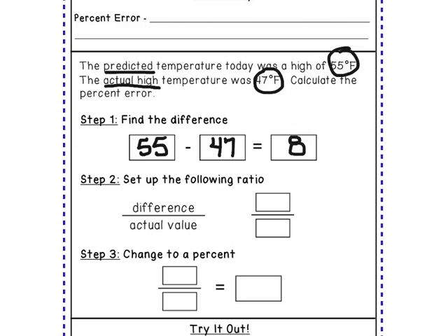Now step 2 is a lot like the step 2 in the percent change, but instead of using the difference over the original, it's the difference in the two numbers, which is 8, over the actual value. So the actual high temperature is 47 degrees, okay?